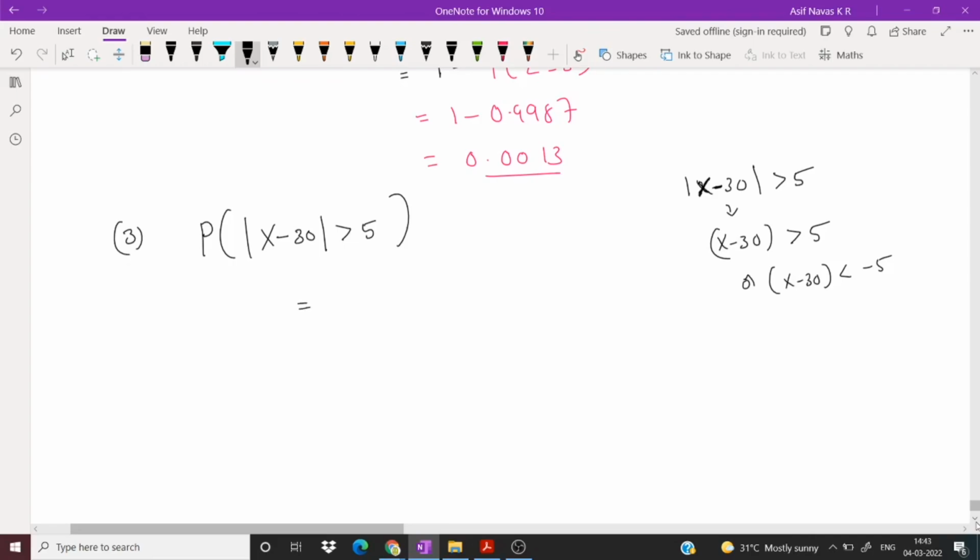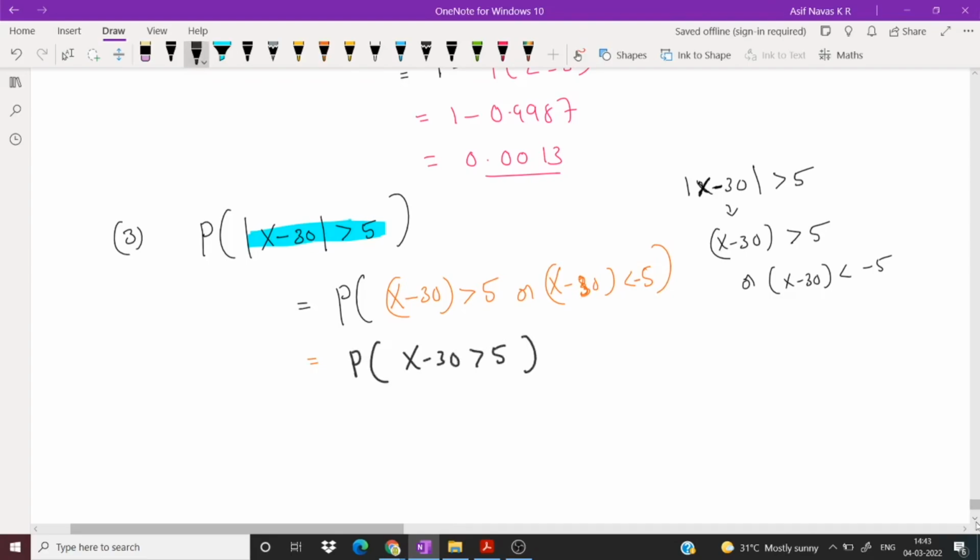So we can write this as the probability of modulus of x minus 30 greater than 5, which is the probability of x minus 30 greater than 5, plus the probability of x minus 30 less than minus 5.